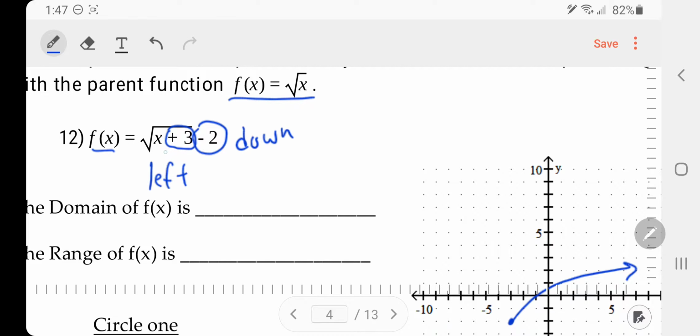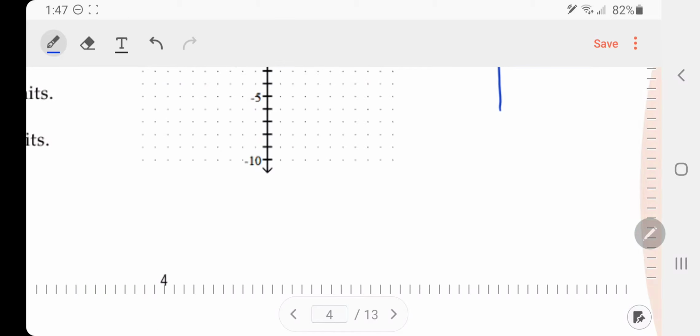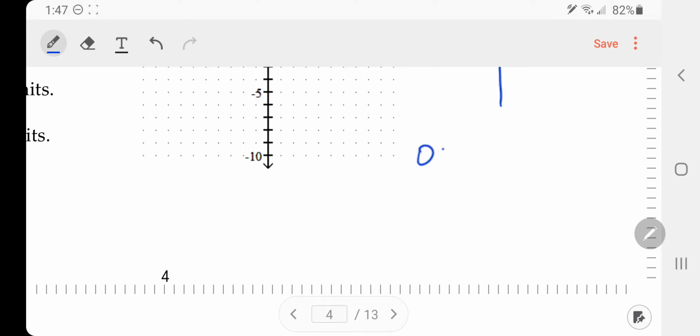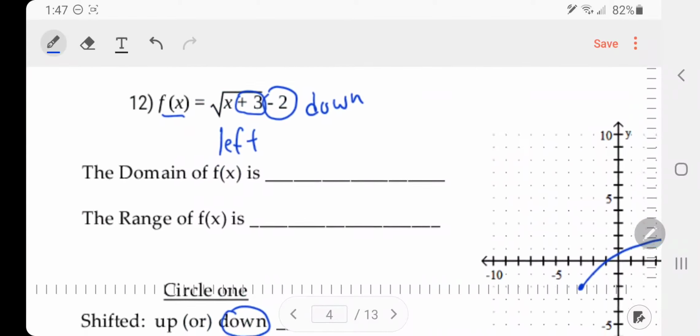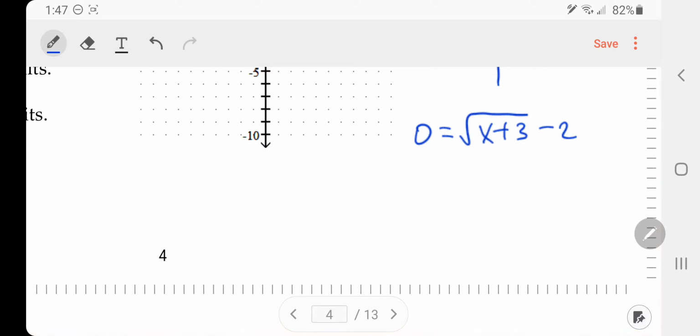And it turns out that that's going to be a little bit of work, okay? So let's set that equation equal to 0. That's going to be the square root of x plus 3 minus 2. Let's see here. Yep, equal to 0. Moving the 2 over makes it a plus 2.